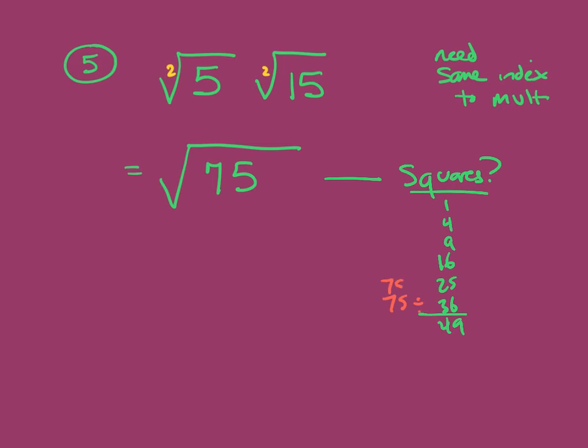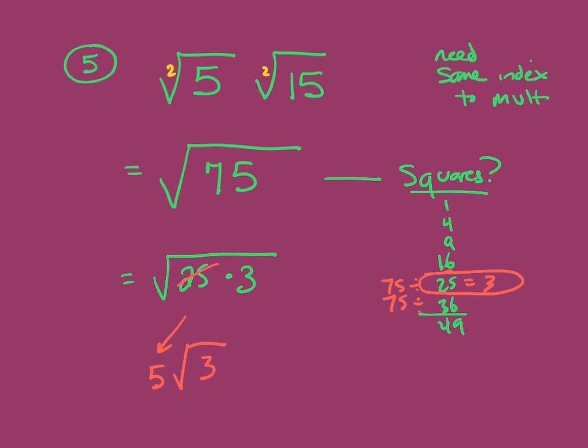That doesn't work out. 75 divided by 25 ends up being 3. So we can rewrite 75 as 25 times 3. And then this square root of 25 is going to come out. That's going to be 5 on the outside. And then the square root of 3 we don't know, so we'll just leave that on the inside.